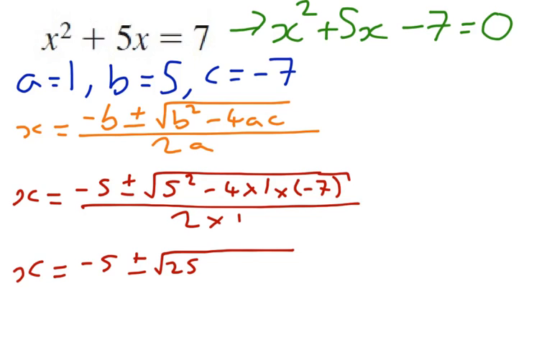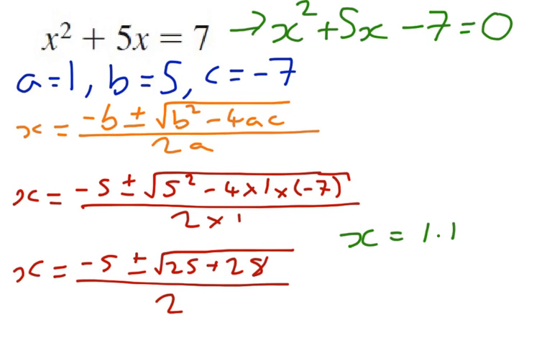We've got minus 4 times 1 is minus 4, times minus 7 is plus 28, all over 2, which gives us a final answer of x equals 1.14 and x equals minus 6.14. And that's how we use the quadratic formula to solve quadratic equations that can't be factorised.